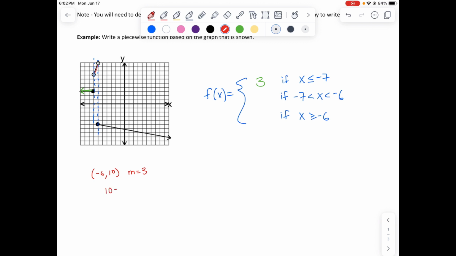So in y equals mx plus b, I have 10 equals 3 times -6 plus b. 10 equals -18 plus b, so 28 is my y-intercept. And therefore my equation, if I were to draw that whole line, would be y equals 3x plus 28. So I will write 3x plus 28 over here for this segment.